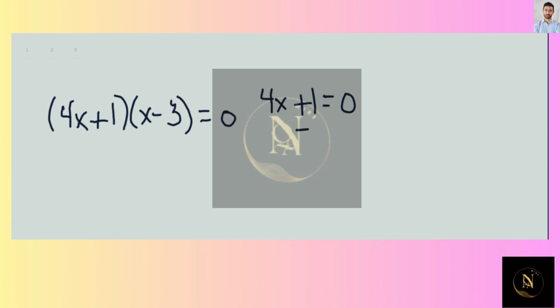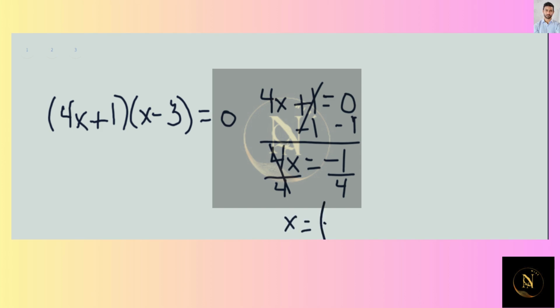The inverse of adding 1 is subtracting 1, so we'll subtract 1 from both sides. That will leave us with 4x equals negative 1. And the inverse of multiplying by 4 is dividing by 4. So we will divide both sides by 4, and we will be left with our solution for x, which is x equals negative 1/4.